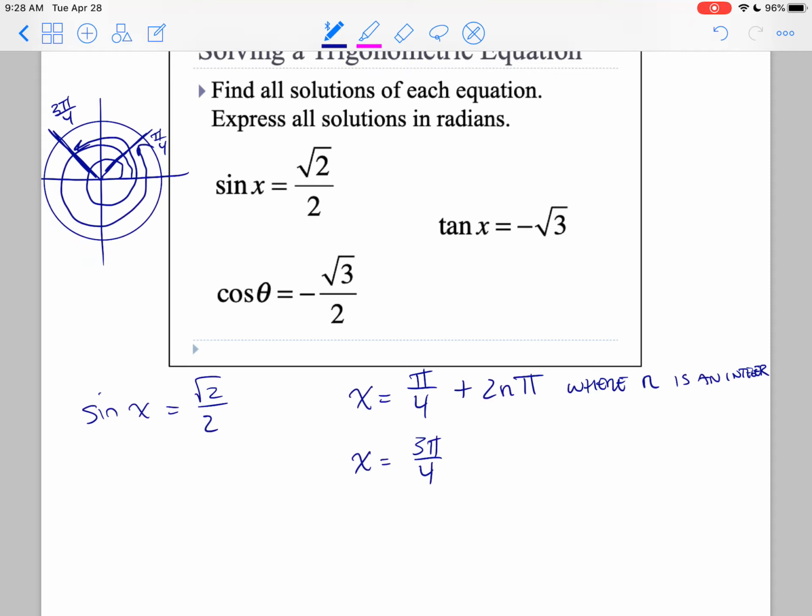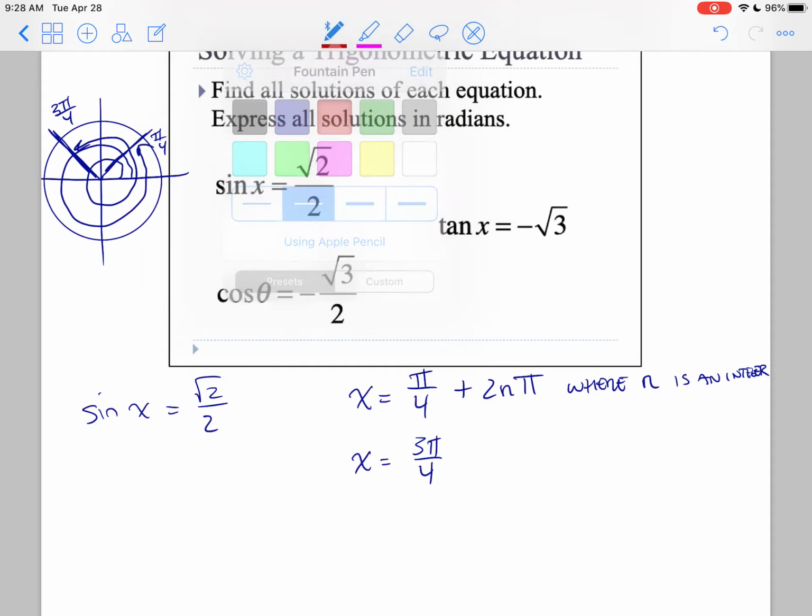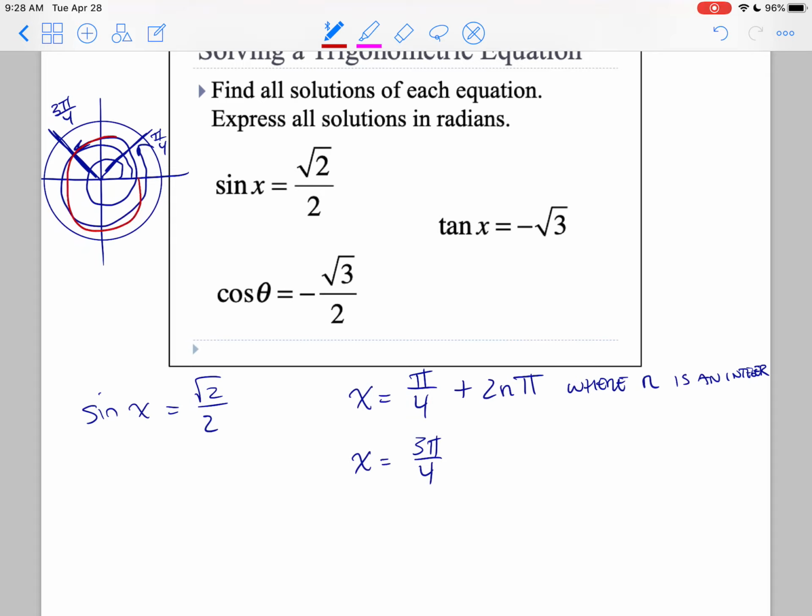And so if I plug negative 1 into that, I could also go backwards here to get to that value. And so negative 7 pi over 4 would work. Every time, I can plug any integer into here.